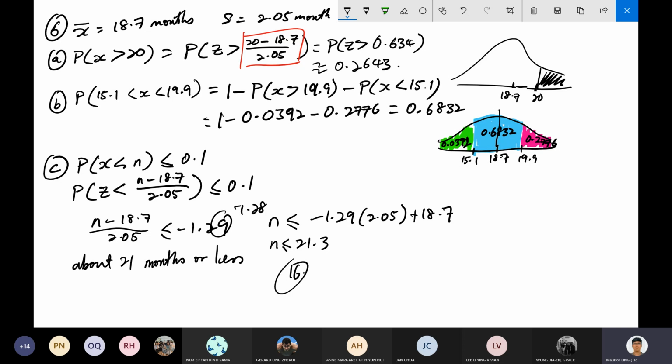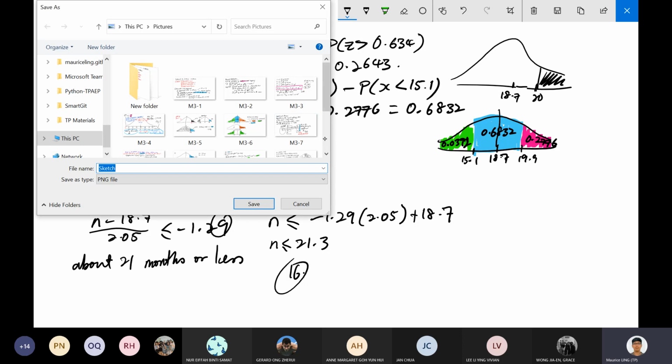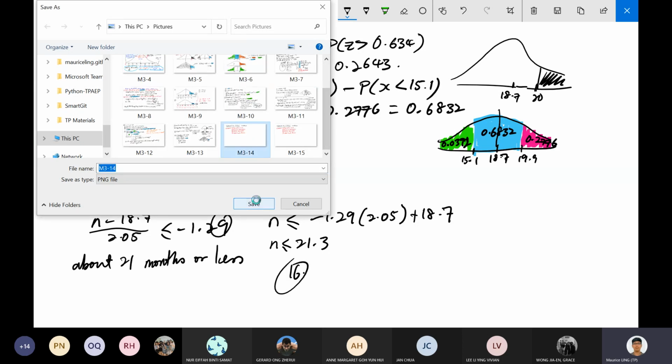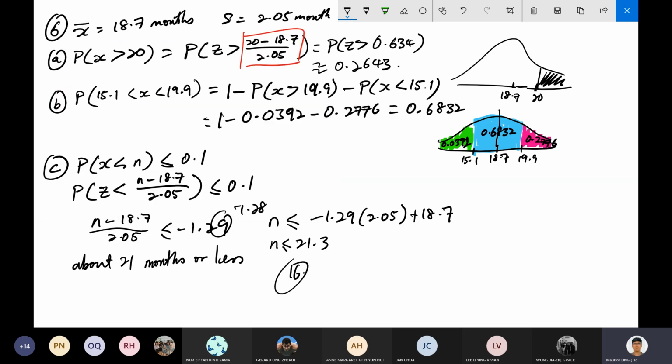All right. Yeah, so that's all that we have for today. So make sure you get your normal distribution correctly. That's very important. Oh dear, sorry. I put minus 18.7 instead of plus 18.7. The answer is actually 16.0.